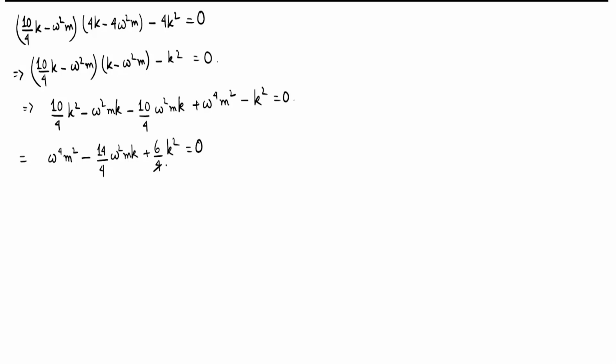So this is 3, this is 7. Can you factorize it? So this will be 2 omega to the power 4 m square minus 7 omega square mk plus 3k square equals to 0.